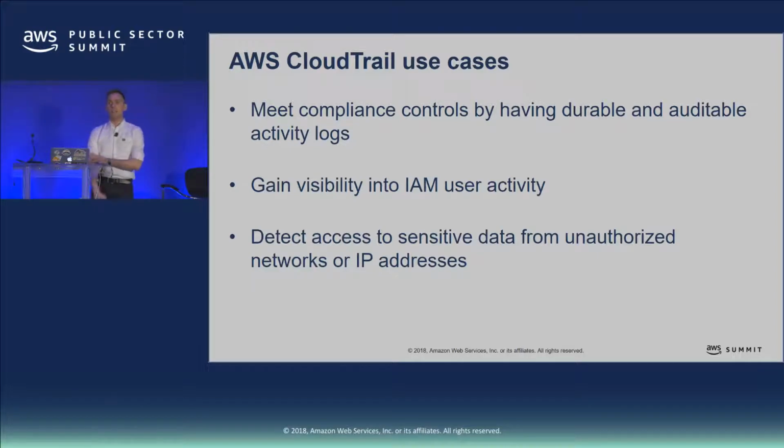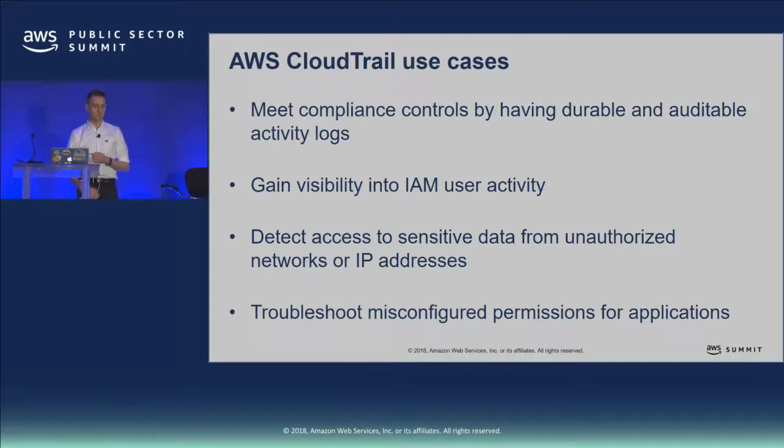Maybe you want to detect access to APIs or data from certain IP addresses. I know which IP addresses users should be using if they're logging in from the corporate network. If I see stuff that's outside that, if I see stuff from other countries, that's automatically suspicious.